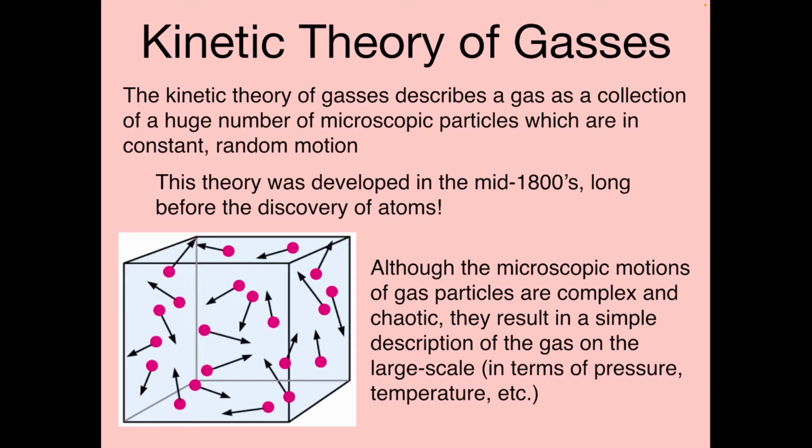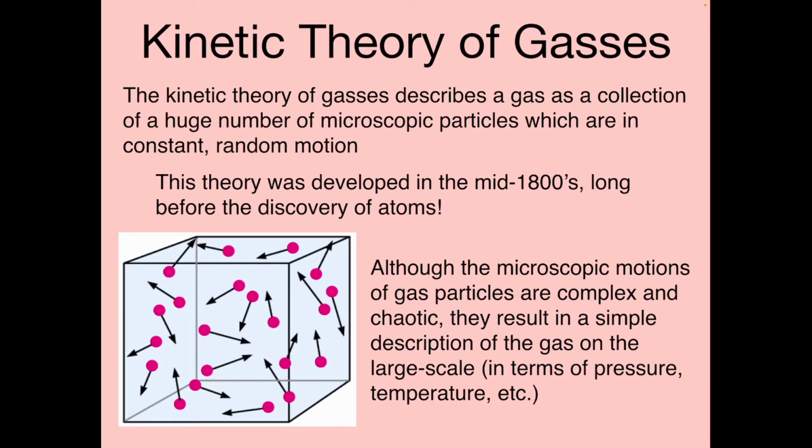When the kinetic theory of gases was developed, the assumption was that a gas is composed of tiny little particles, but that wasn't really a settled issue at the time. But now we know this is the correct way to think about it, because we know that a gas is made up of atoms.